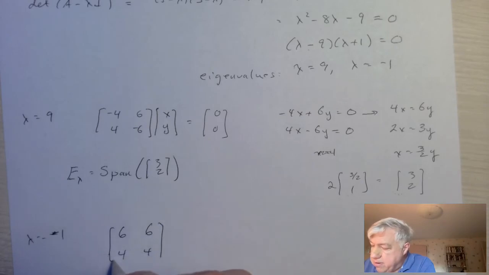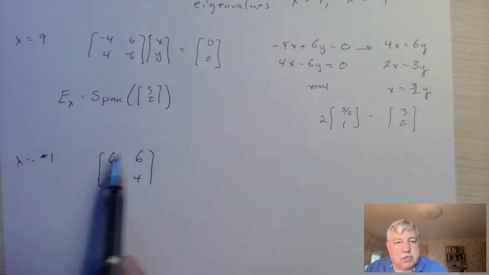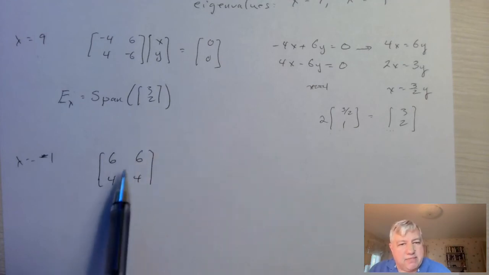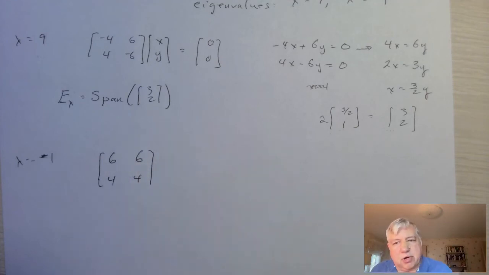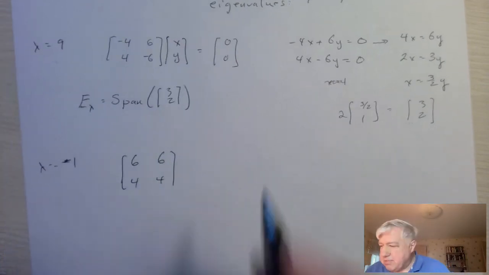Once again, we can see one row is going to be a multiple of the other, which is what we expect, because this is a 2 by 2 matrix, and if this matrix is not invertible, then the rows are going to be linearly dependent, and the only way that can happen is if they're multiples of each other.